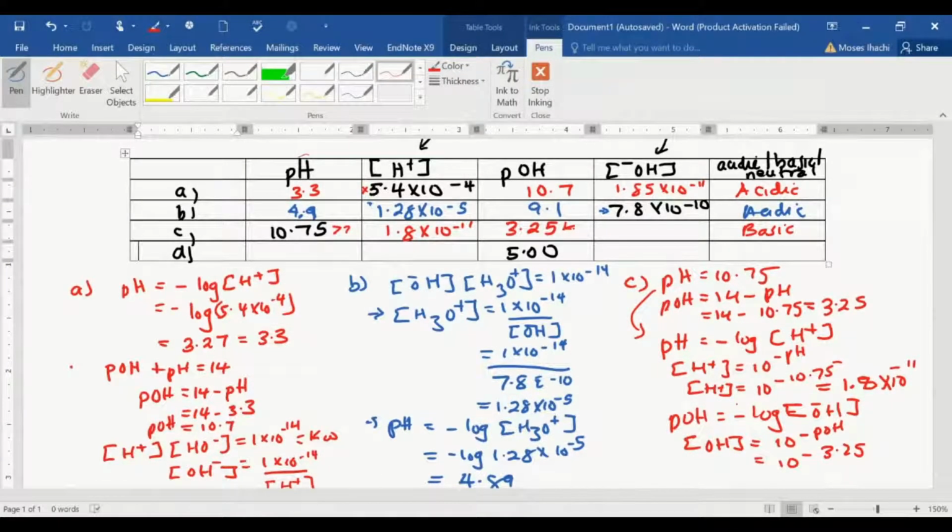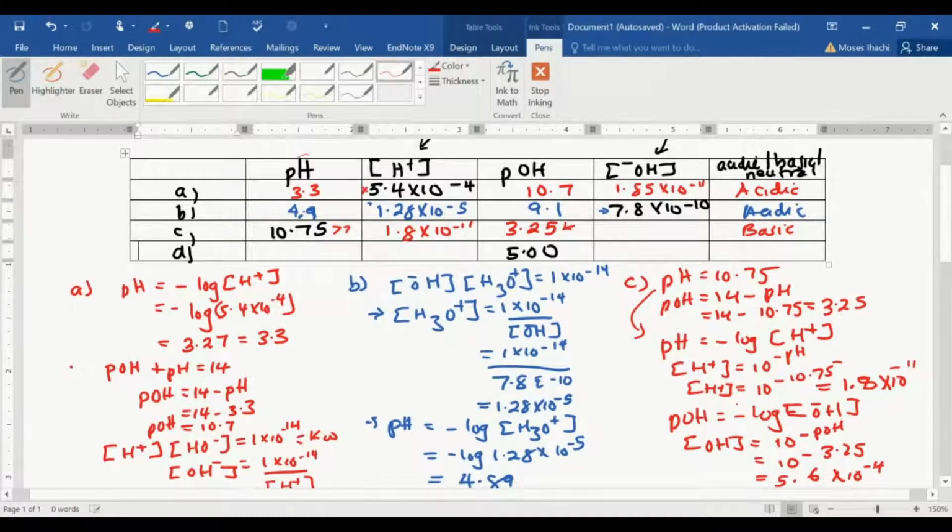So I'm getting 5.6 times 10 to the power minus 4. So this is 5.6 times 10 to the power minus 4.